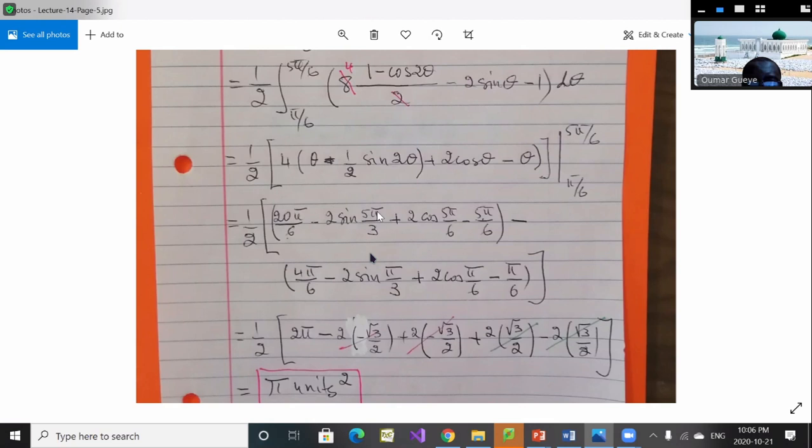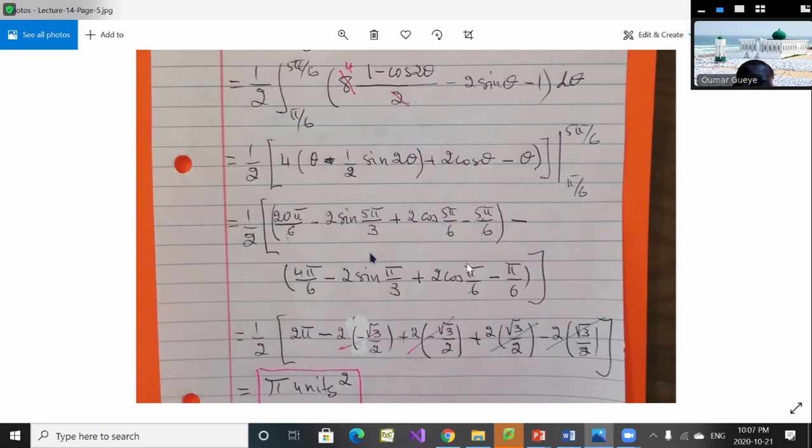Now here, I'm going to calculate sine of 5 pi over 3, which is equal to negative root 3 over 2. Cosine of 5 pi over 6 is going to be negative root 3 over 2. And for this term, sine of pi over 3 is equal to root 3 over 2.